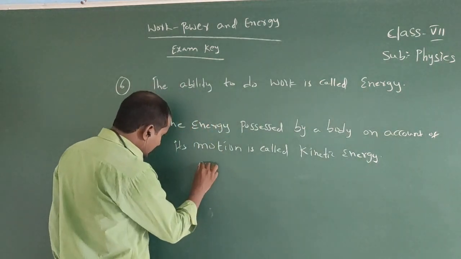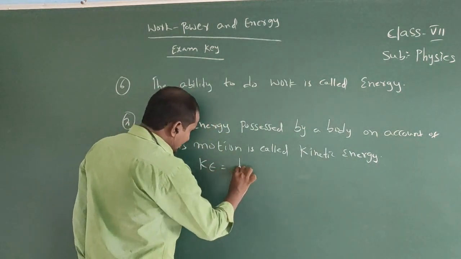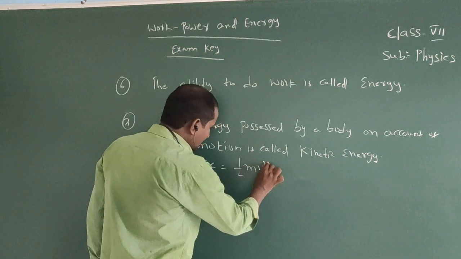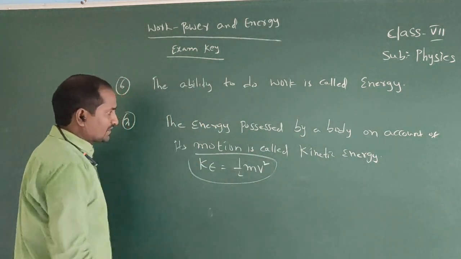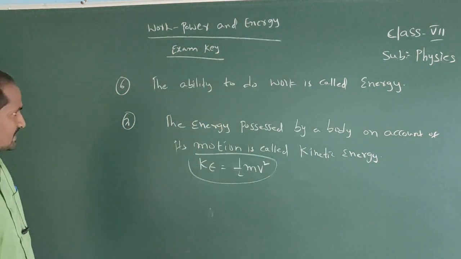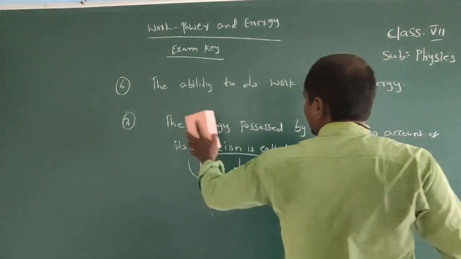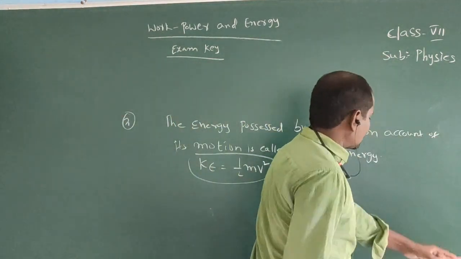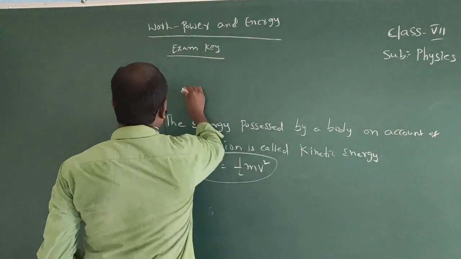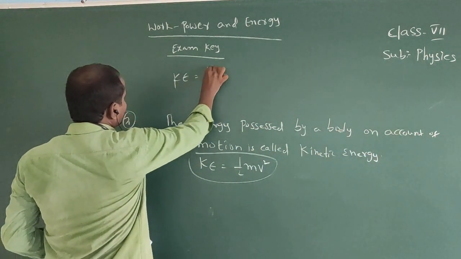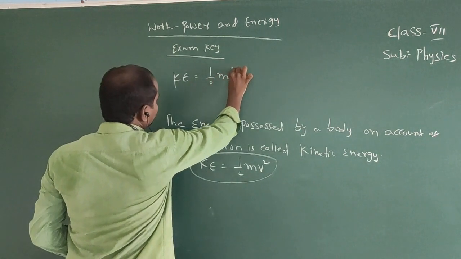It is denoted by K, and K equals half into m into v square. So K equals half into m into v square.